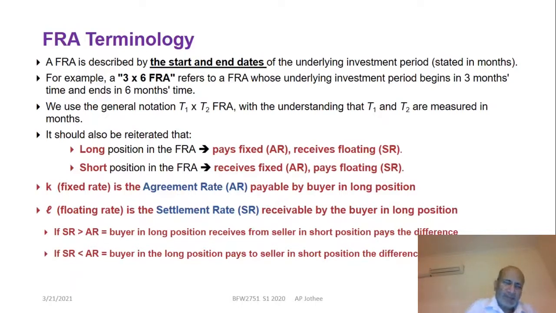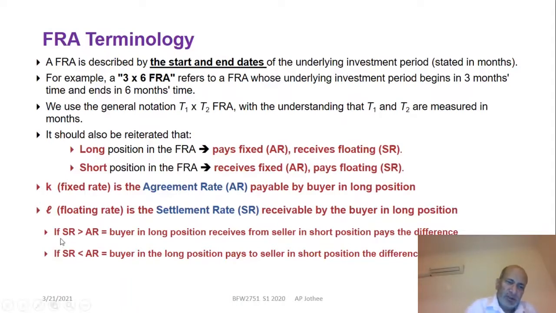So K is the fixed rate. Always the symbol K is the fixed rate. It is the agreement rate, AR, payable by the buyer in the long position. L, the floating rate, is the settlement rate, or SR, received by the buyer in the long position. We are looking at it only from the buyer's perspective, whether you are in the long position or short position. Of course, this will be opposite for the other side.